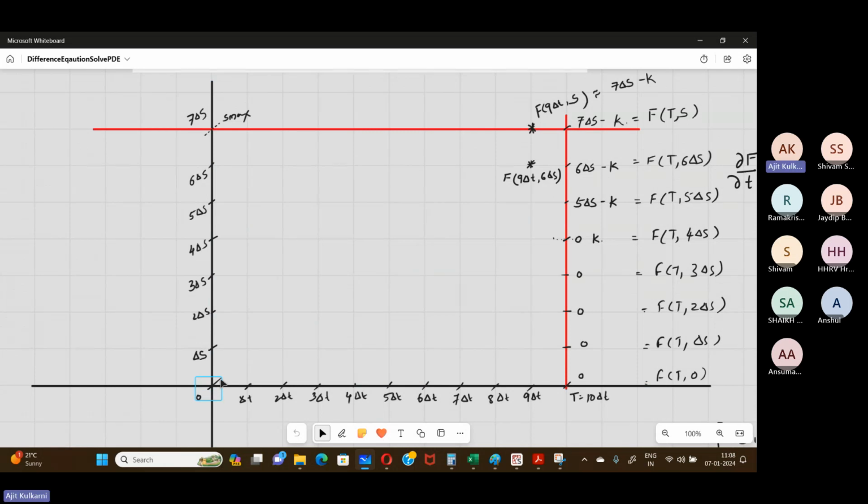This is where you need to find the price of your option. From time t equal to 0 to t equal to capital T, you can divide it into delta t, 2 delta t, 3 delta t, and so on up to 10. So you have divided this into 10 equal parts, correct?